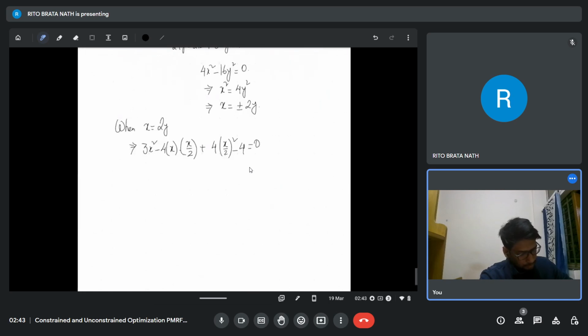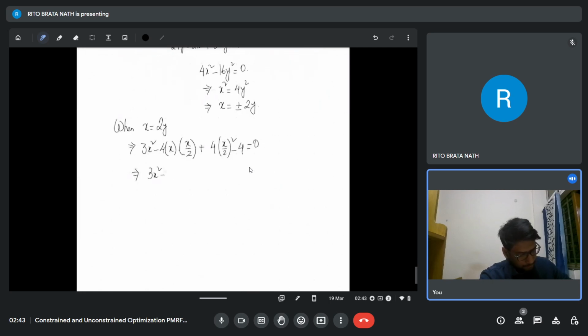This will give you 3x square minus 2x square plus x square by 4 times 4, so that's x square, and minus 4.